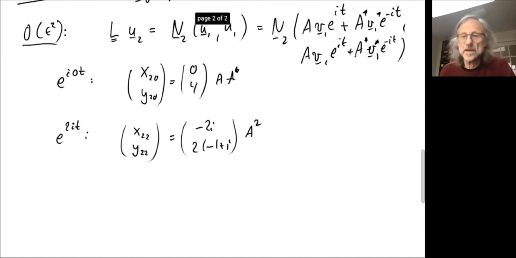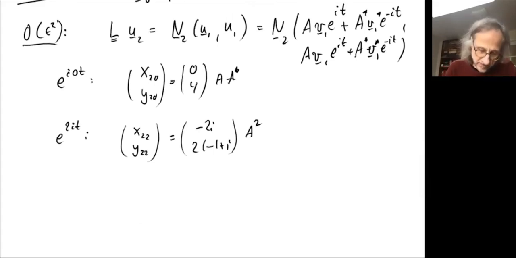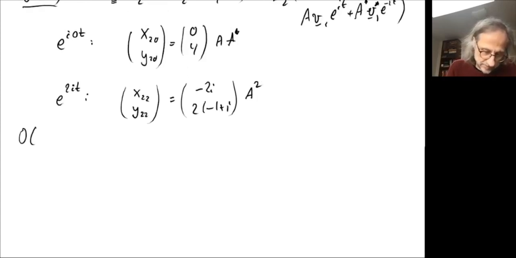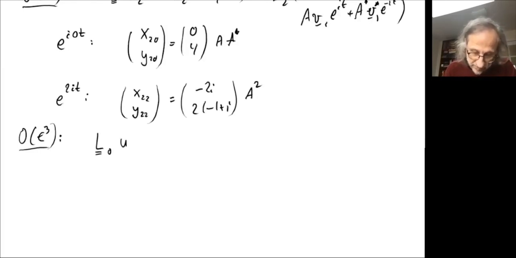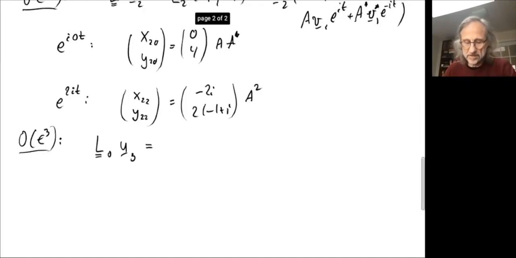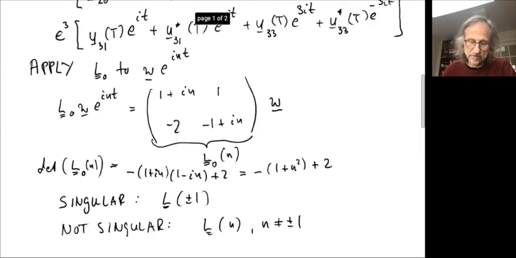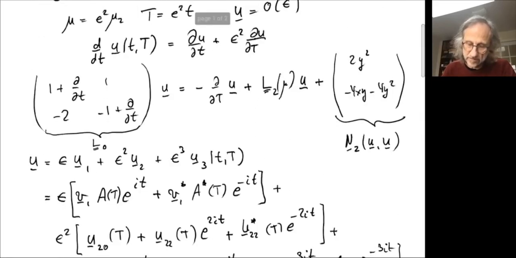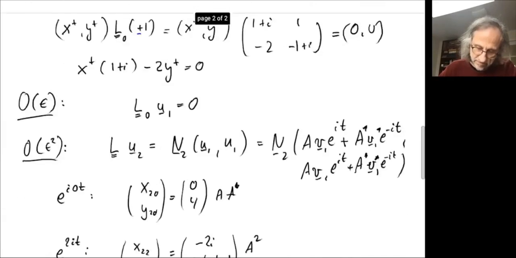Okay, and then we go to cubic order, which, as you anticipate, will be worse, so to speak. So what do we get there? Well, we again get our L0 of U3, and then we get what we have on the right-hand side: slow time U, L2U, and then an N2. So let's write that down.